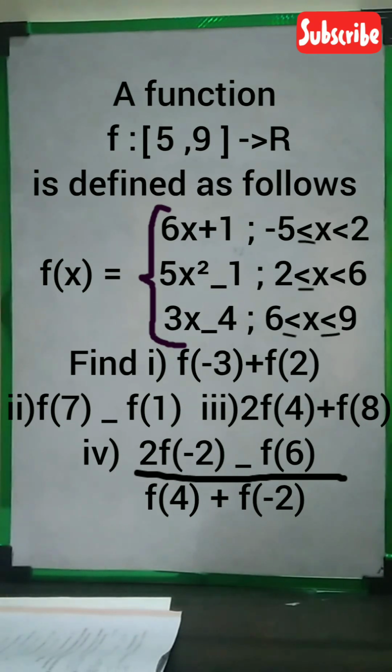F of x is equal to 5x square minus 1 when 2 is less than or equal to x less than 6. F of x is 3x minus 4 when 6 is less than or equal to x less than or equal to 9. Now find first one f of minus 3 plus f of 2.